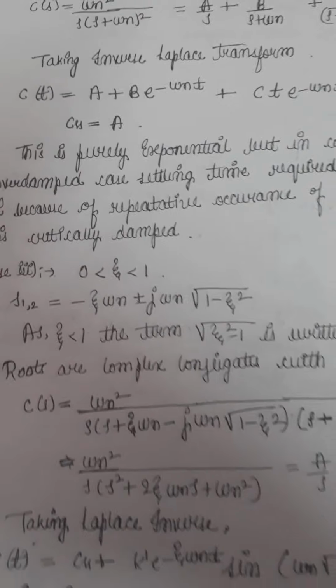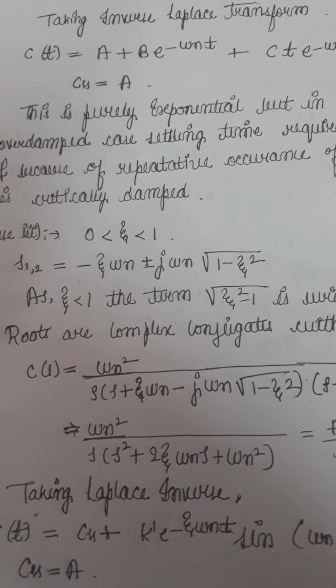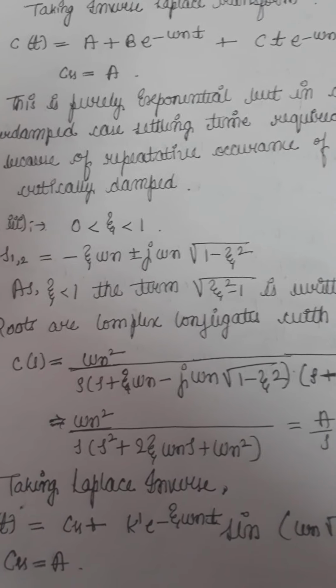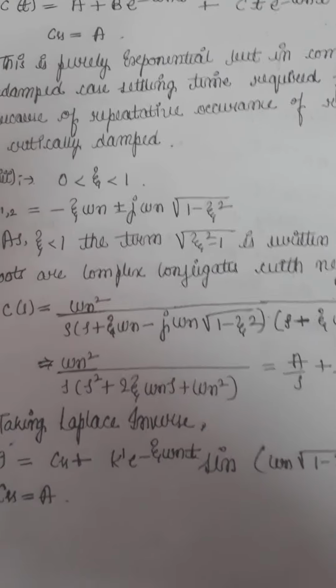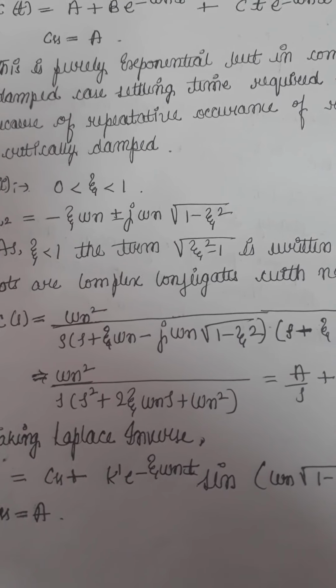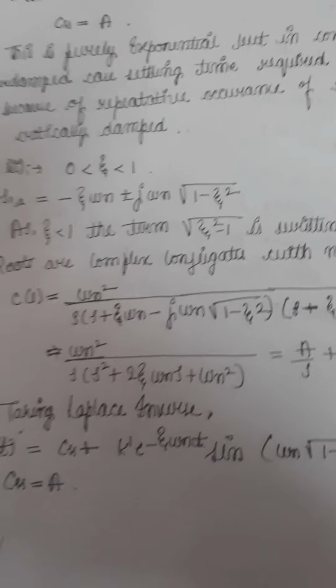Similarly, when the zeta value is lying between 0 and 1, again we know the roots. Okay, let us consider zeta value less than 1. Less than 1 means you will get complex conjugate roots here.